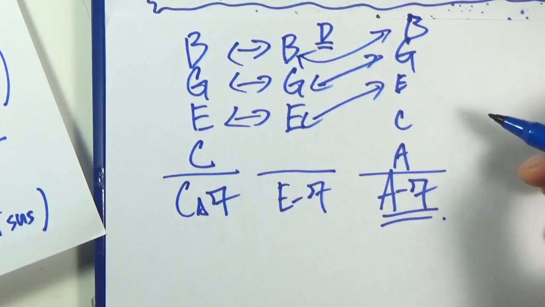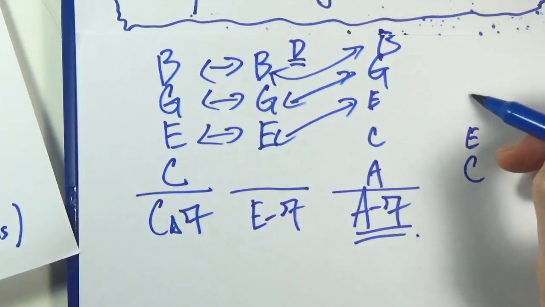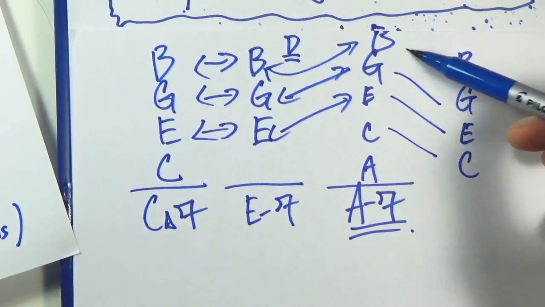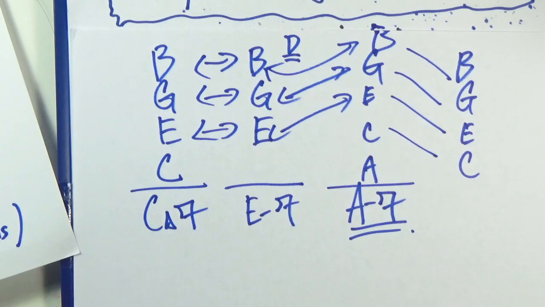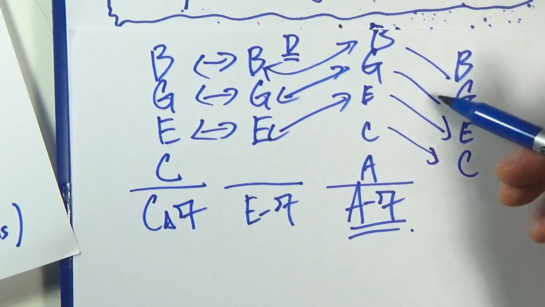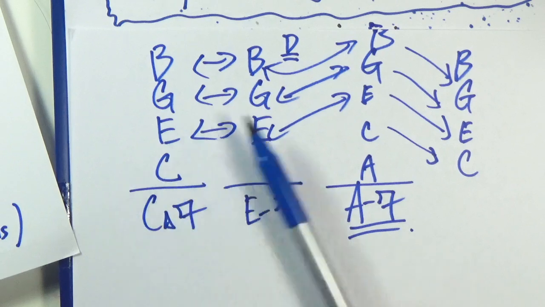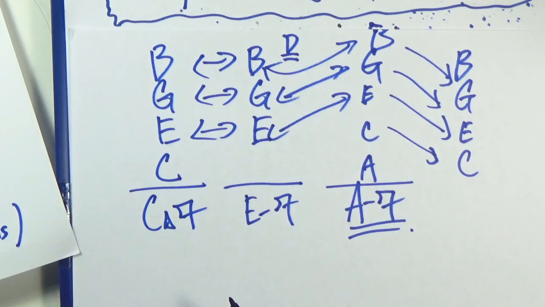And with C major, let me write C major here again, C, E, G, B, you would have 4 chord tones that are shared. So you see these 3 chords share a lot of chord tones in common, and that's why in a chord progression we can substitute one by another. Okay, and that's the logic behind simple chord substitution.